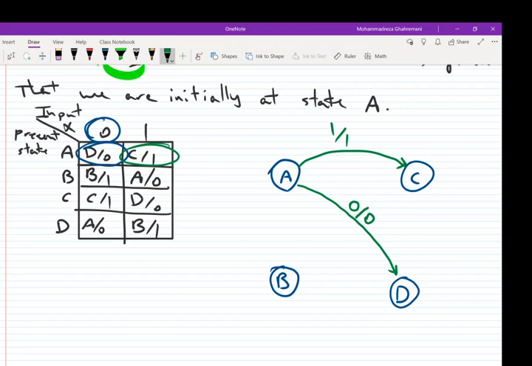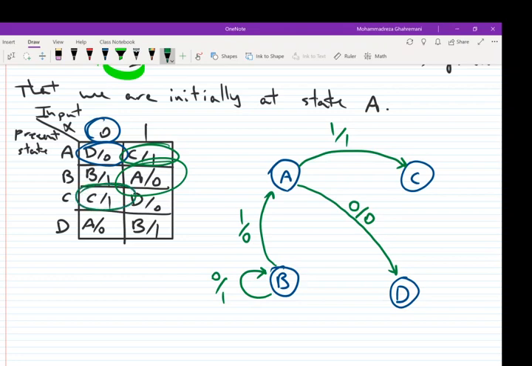If we are in state B and the input is 0, the state will remain B and the output will be 1. If the system is in state B and the input is 1, the state changes to A and the output will be 0.